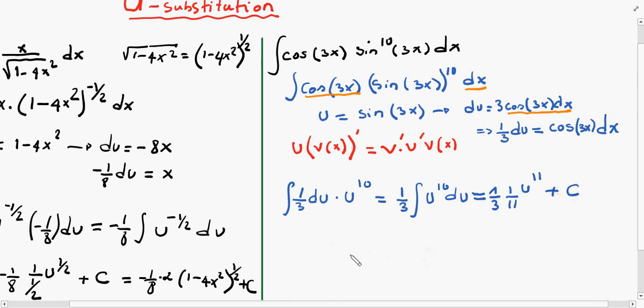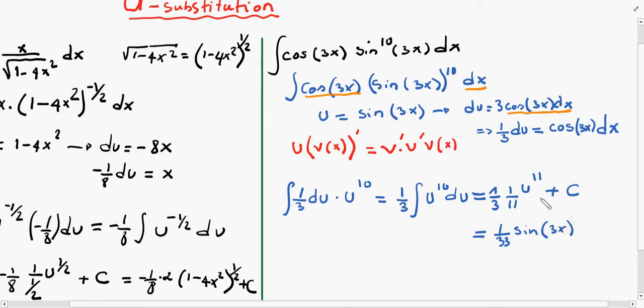So that's going to give us 1/33, and u we're going to replace by the value of u, which is sine 3x, to the power of 11.